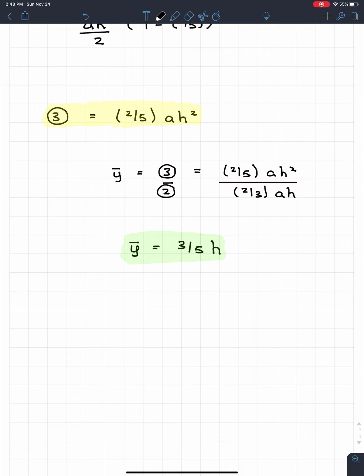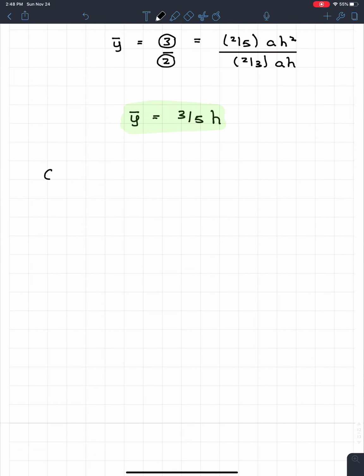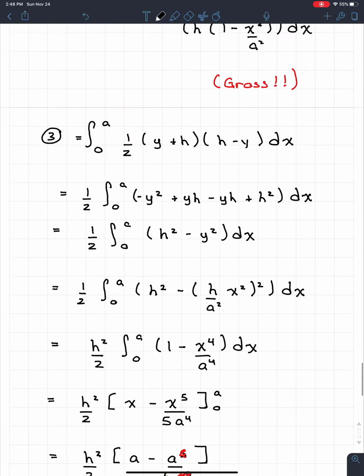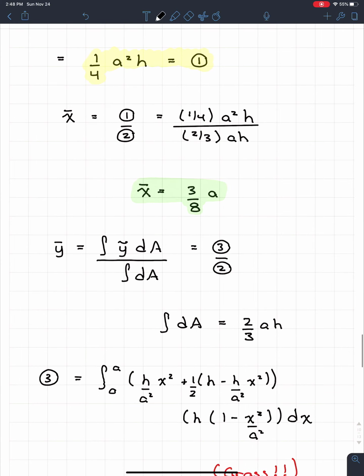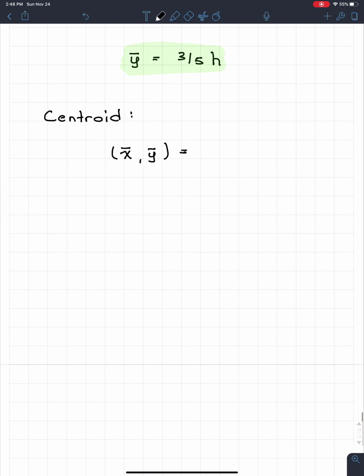So we can say at the bottom here for our centroid, x bar comma y bar is going to be equal to, so we scroll up, x bar is 3/8 of a. So we got brackets 3 over 8 times a, and for y bar we got 3 over 5 times h.